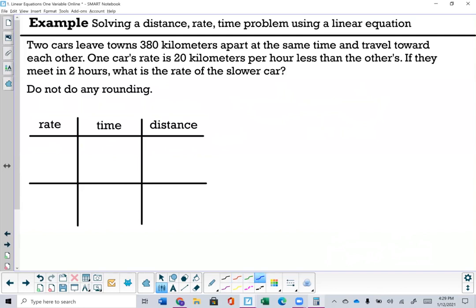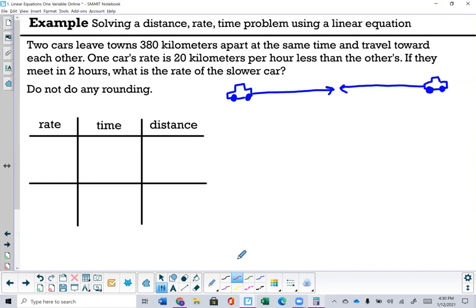So let's say we have a car here traveling that way to the left, and then a car traveling to the right. One is going to the right and one to the left. Okay, so they're not necessarily going to crash, but you get the idea.